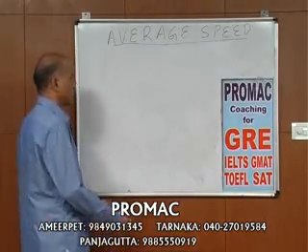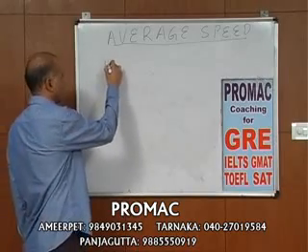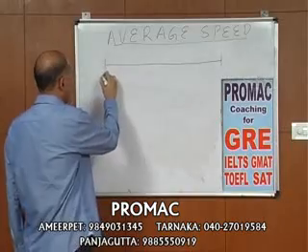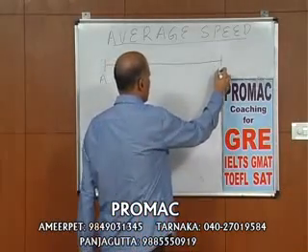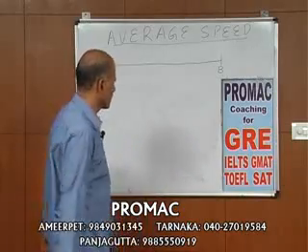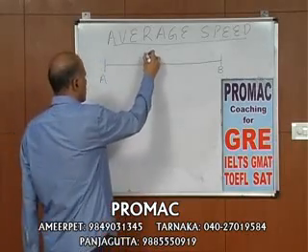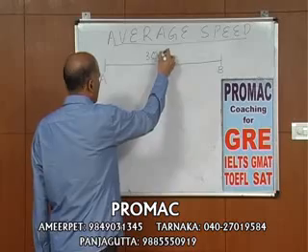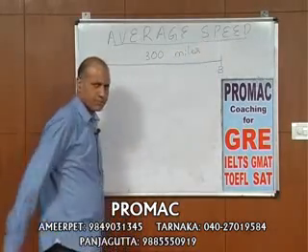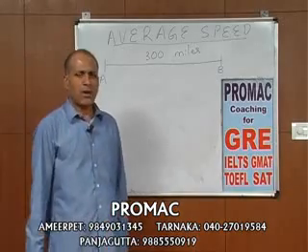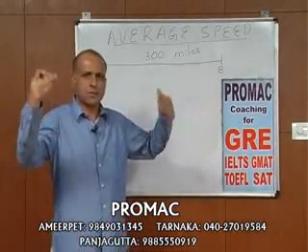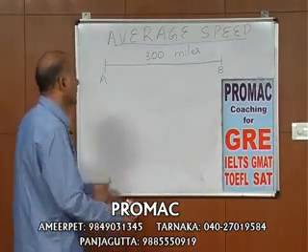The first type of a question comes like this. Let's say I am traveling from place A to place B. I am traveling from New York to Boston. The distance between place A and place B is 300 miles. For some reason, I traveled different distances at different speeds and by different modes.